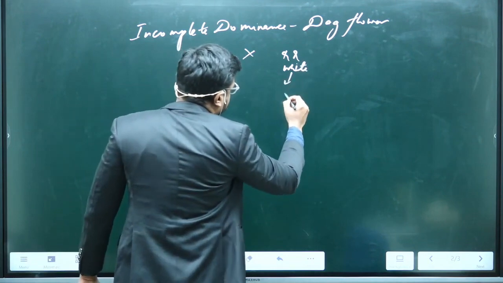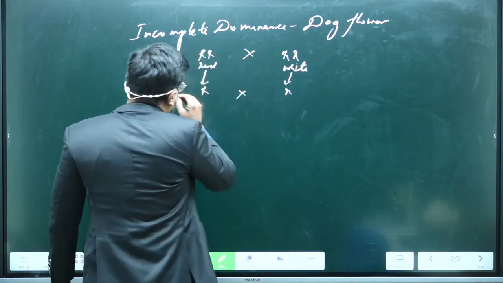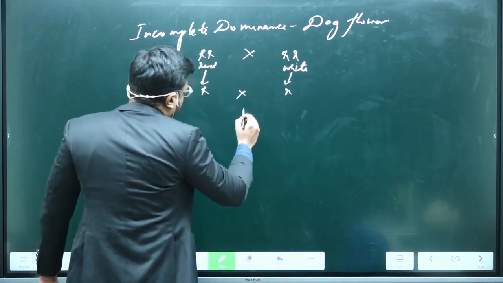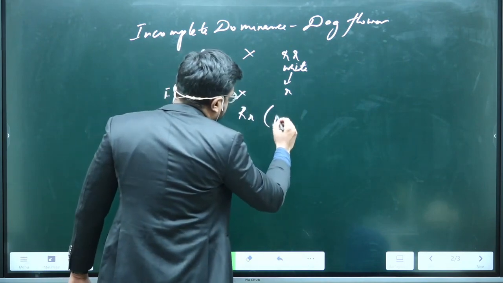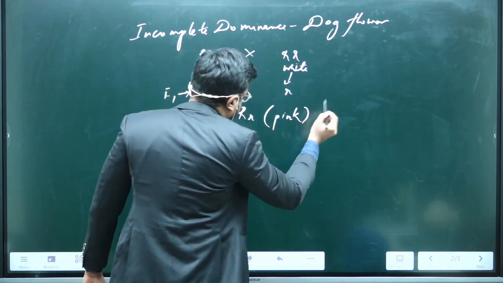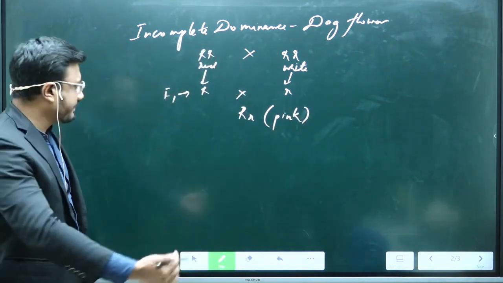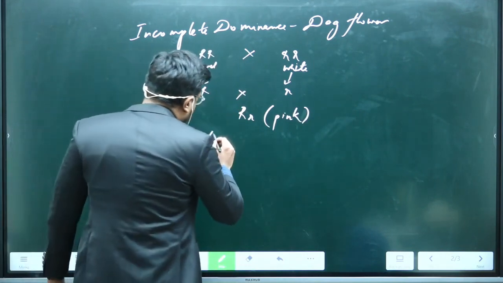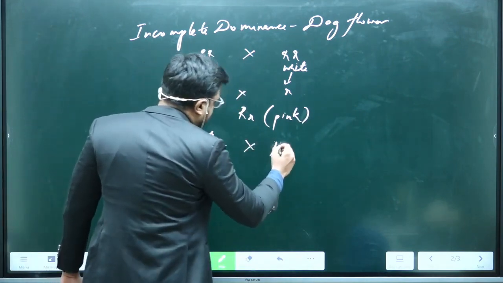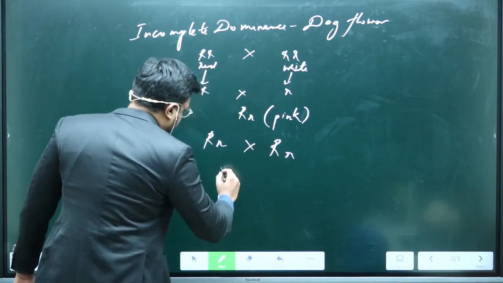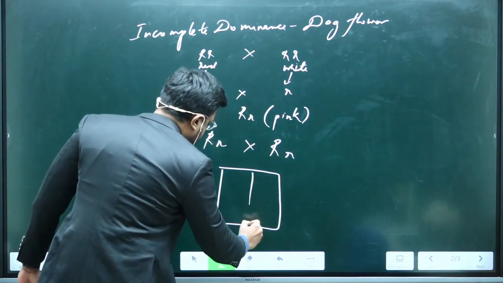So in the F1 generation, we get the intermediate type of flower, that is pink. In the second generation, it is self-bred. So now let us make a Punnett square.